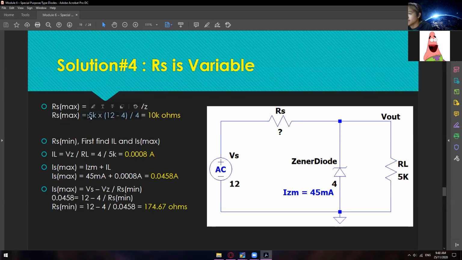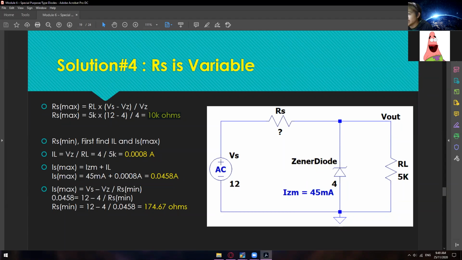Just do the math, then you will get 10 kilo ohms. This is the maximum resistance that we can have in this circuit with those corresponding values.